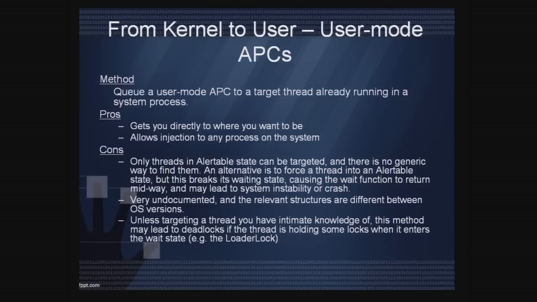The kernel mode APC always happens even if the thread is not in alertable mode. Once you're in the context of the kernel mode thread, you call a wait function, and you give it an alertable flag of true, and basically what it does is set that flag. You don't have to know the offset, you don't have to mess with the KTHREAD yourself, and you reach the same functionality. That's a pretty neat trick.